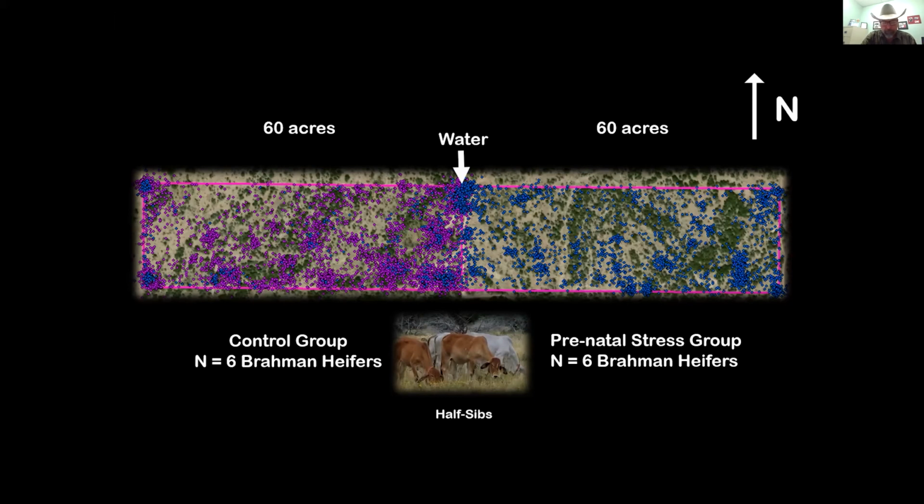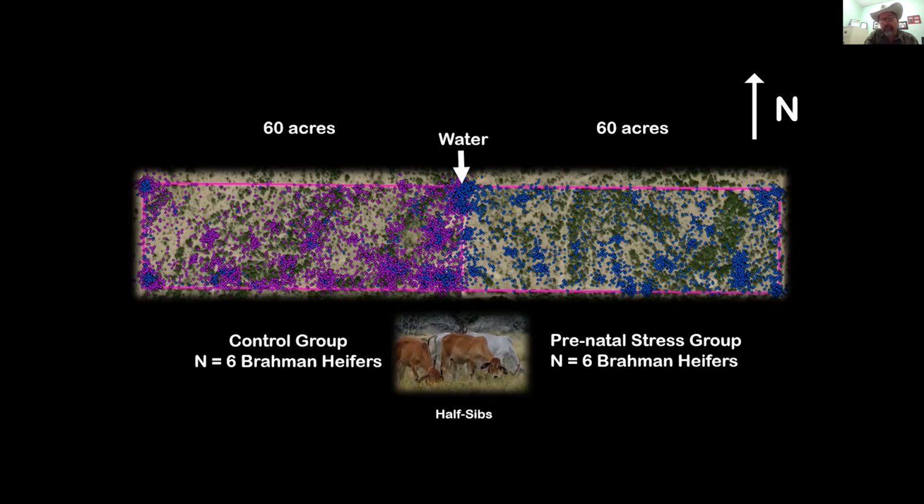The control animals are on the left. The treated animals, their dams had been subjected to transportation stress during mid-gestation, multiple 2-hour transportation periods, something that we might see as droughts continue. We start to move animals around.